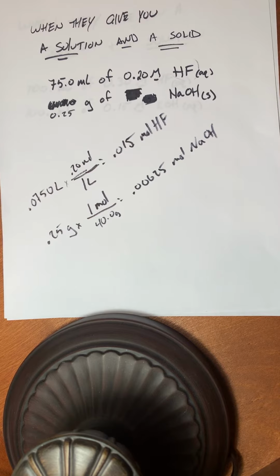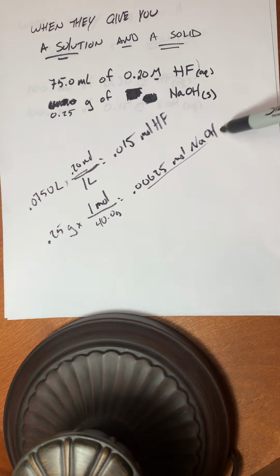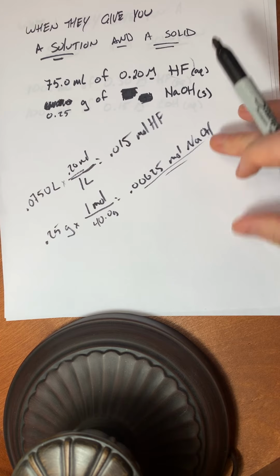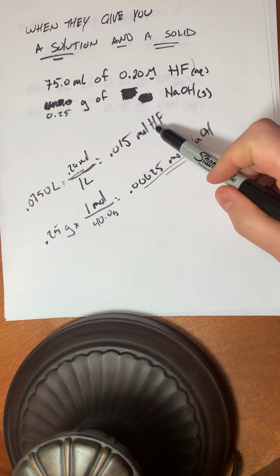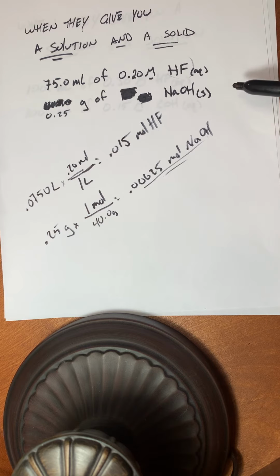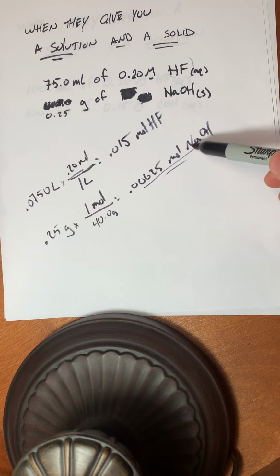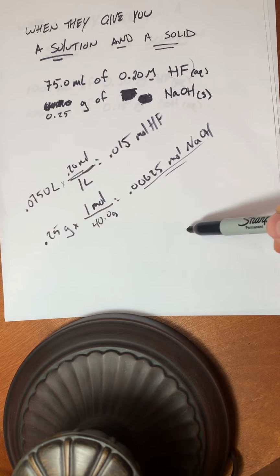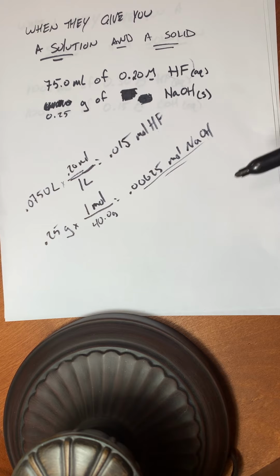Why is that important? Well, this 0.00625 moles of sodium hydroxide is what's going to strip off that H plus. How much? 0.00625 moles of it. This is what's being used to convert some of the HF into F minus.